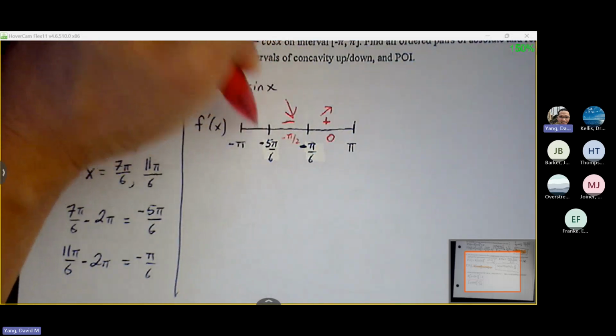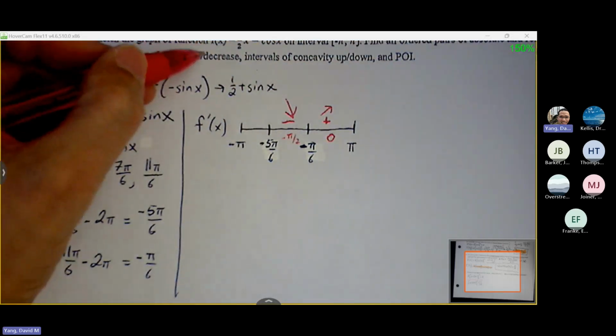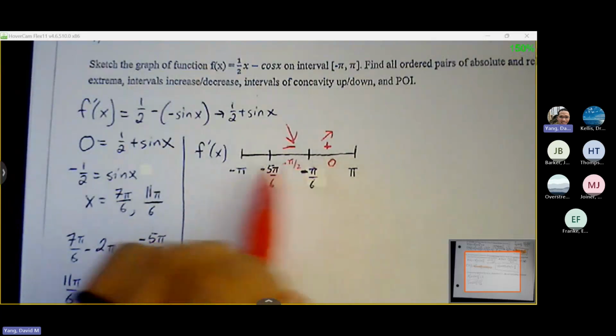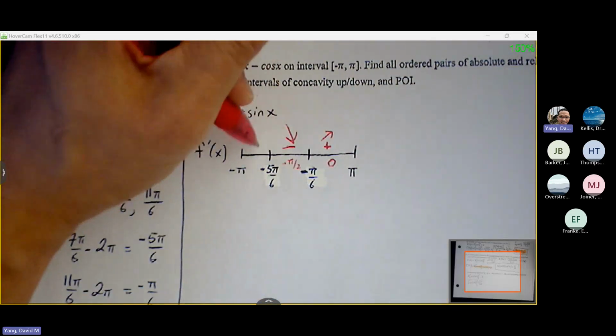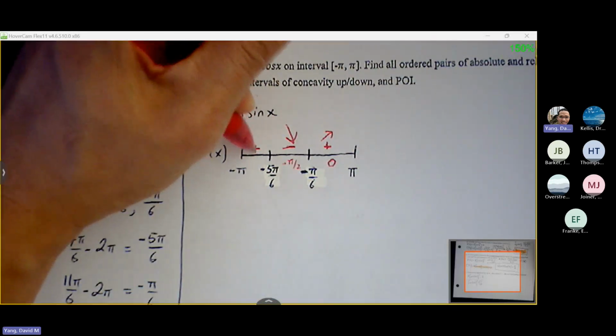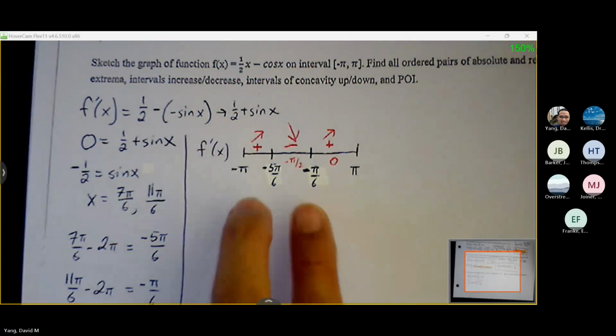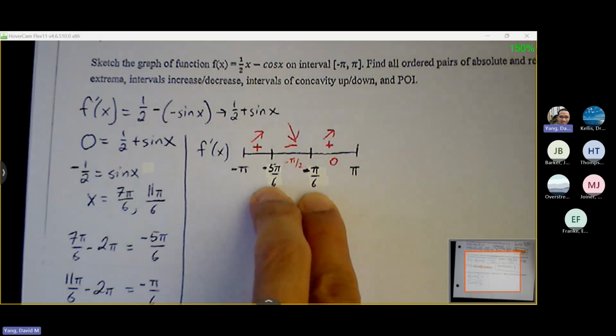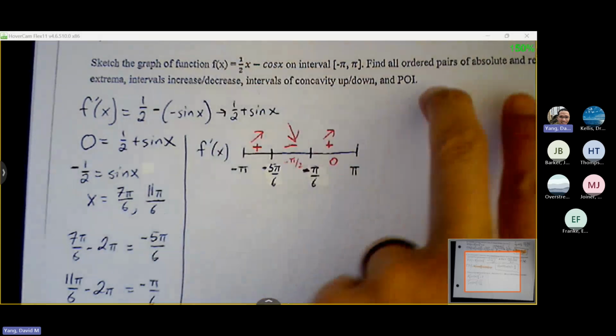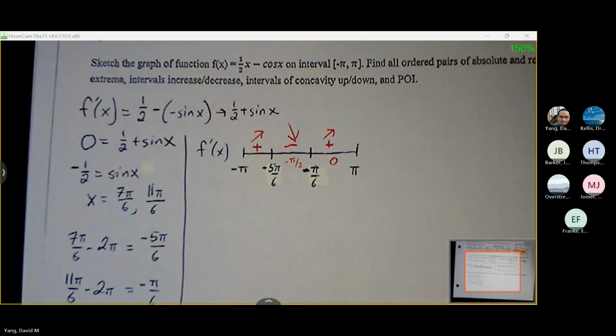It's hard to find one here, but you can sketch your original function in your calculator. You can also see that sine and cosine will be oscillating. Next up, plug these values back into the original function to get your ordered pairs.